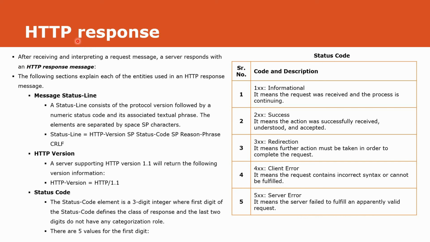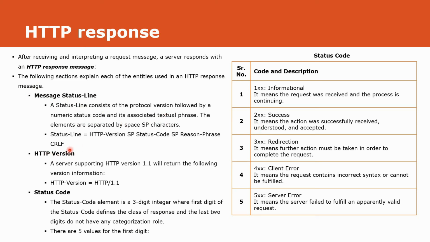Likewise, there are some numerical codes available. But what is an HTTP response? The response provides the following message: status line. It consists of the protocol version followed by a numerical status code and its associated textual phrase.